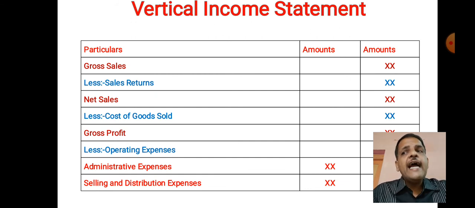Now, when we say administrative expenses, these are the expenses relating to general office administration of the organization, which include staff salaries, printing and stationery, rent, rates, taxes, insurance, postage and telegram, telephone charges, directors' fees and remuneration, depreciation on office furniture, legal charges, auditors' remuneration, etc.